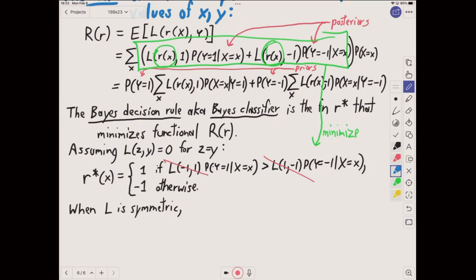So again, there's a principle here that you want to memorize. When L is symmetric, you should pick the class with the biggest posterior probability.